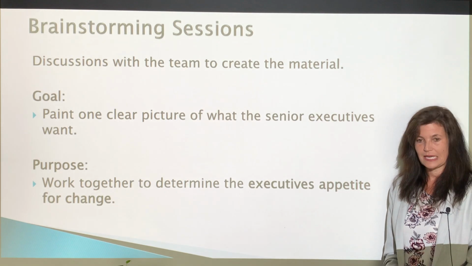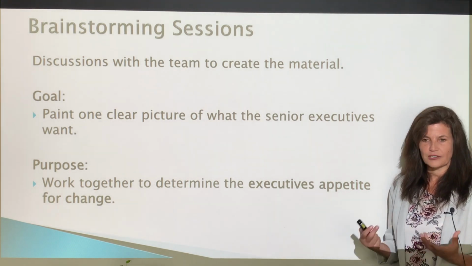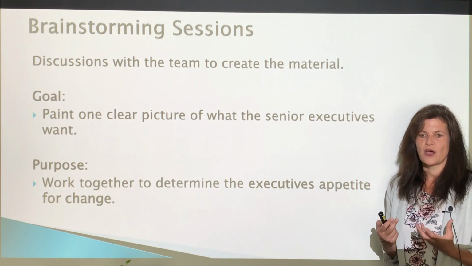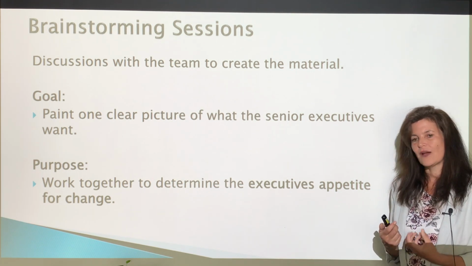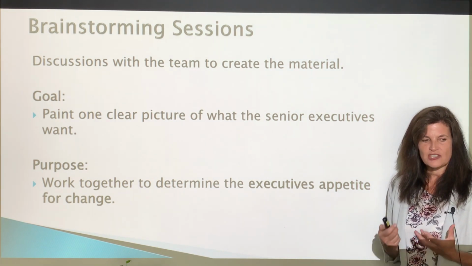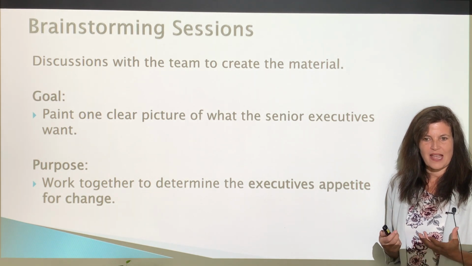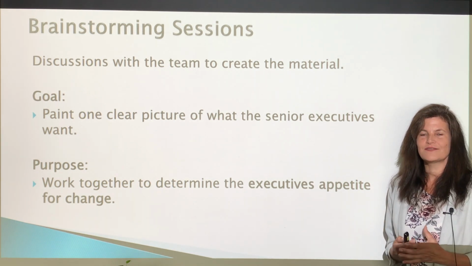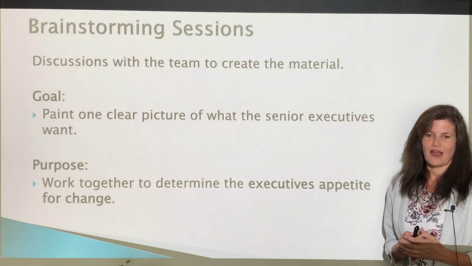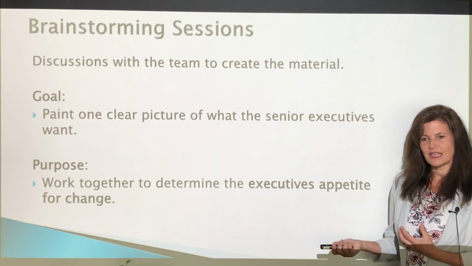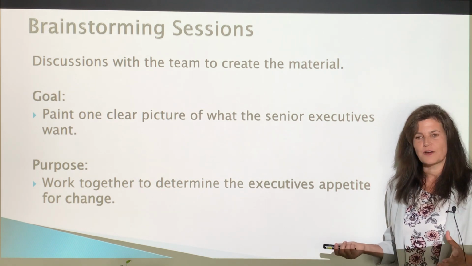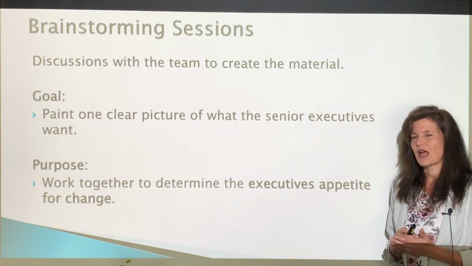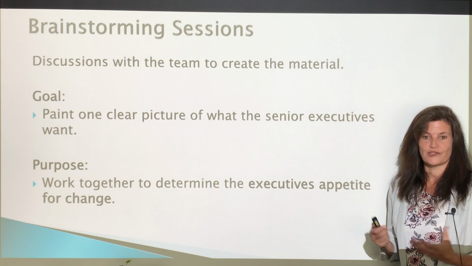So my goal, like I said, is to paint that clear picture of what the senior executives want from a perspective of what is on the table and what is off. I want to make sure that I understand what the executive's appetite for change is. So are they looking at changing everything, or do they just want to bring a few efficiencies? Is this a big transformation, or are we just going to modernize things and focus in certain areas?